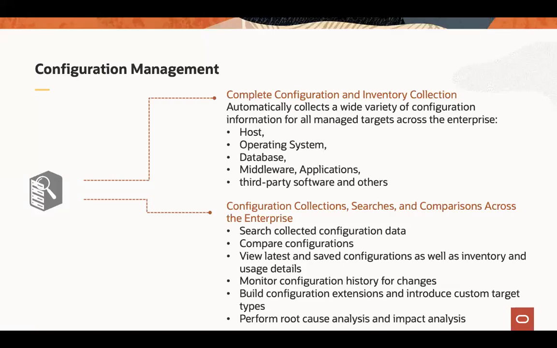And so when you install the Oracle Enterprise Manager agent, it automatically starts collecting configuration information for all these different components. And by default, we collect it once every 24 hours. And if there are any changes between collections, we identify that as a change.